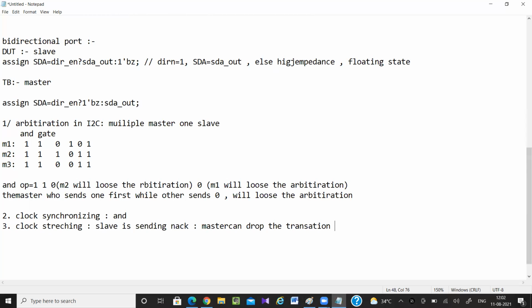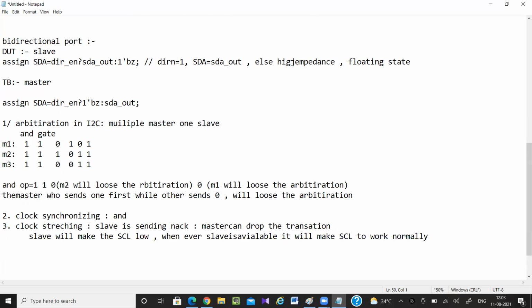At that time what will happen? In clock stretching, the slave will make the SCL line low. SCL line low means it will be constant only. It will not change. And whenever the slave is available, it will make SCL work normally.